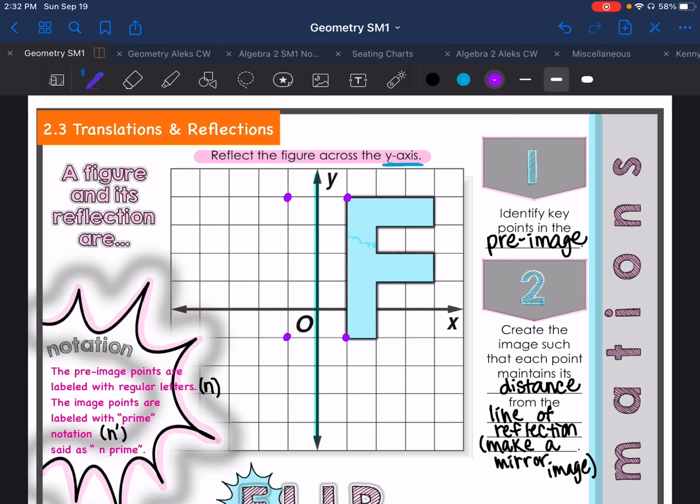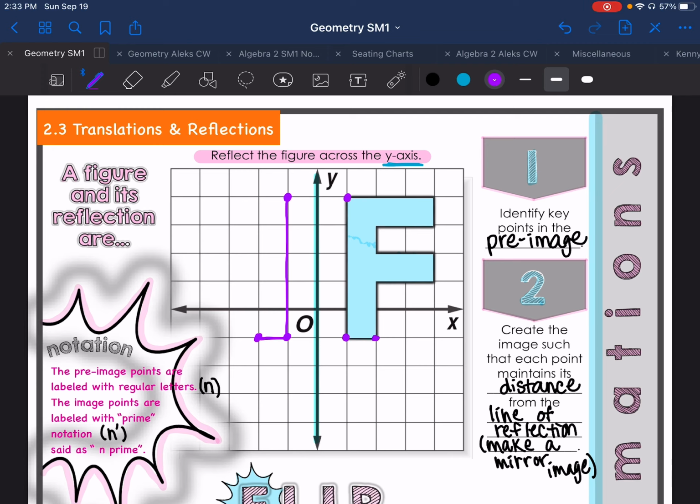I can even connect those two together because that's how they would be connected in the pre-image. Let's do this one. It's one away, so I'm going to put one right here. There we go. So this point is that one, and I can connect them together to make my F.